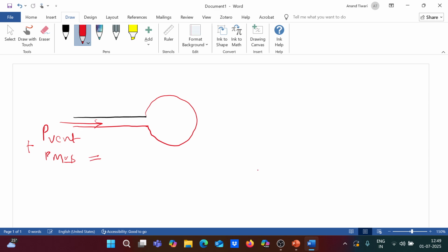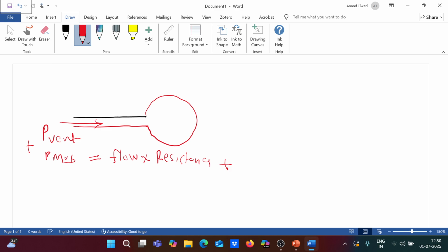This depends upon the flow into resistance, that is the drop in the pressure as per the turbulence of the gas, and then as per the disease condition.